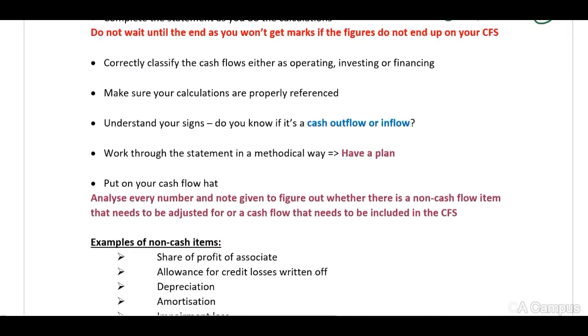Remember, important, correctly classify your cash flows as either operating, investing, or financing activities. Make sure that your calculations are properly referenced. Very important, ensure that you understand your science, and you need to have a plan, guys. I have indicated this to you numerous times.